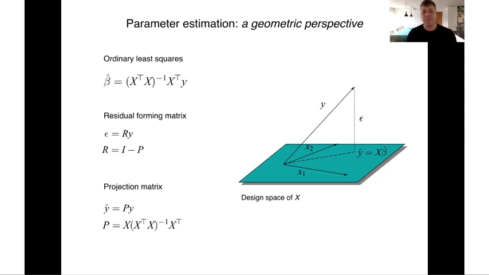And the projection matrix that projects the data is simply the ordinary least squares estimate that we saw in the estimation, pre-multiplied by X. So P times Y corresponds to exactly that, projecting Y onto the space defined by the model. So this is a linear projection, and the distance in Euclidean space between the data Y and the model prediction X times beta is the residual error.